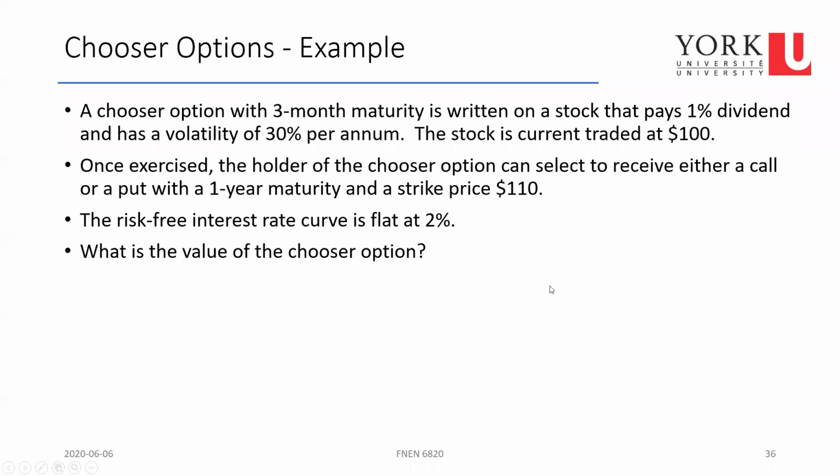Let's now take a look at an example. Suppose we have a chooser option with 3 months maturity, written on a stock that pays 1% dividend and has a volatility of 30% per annum. That stock is currently trading at $100. The chooser option, at maturity, will become either another call or another put.